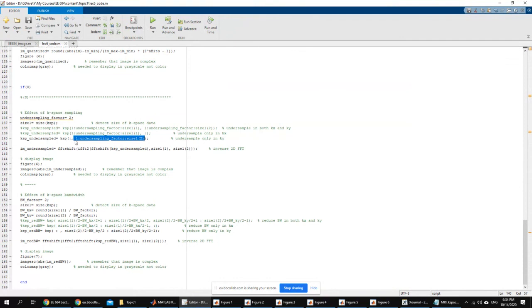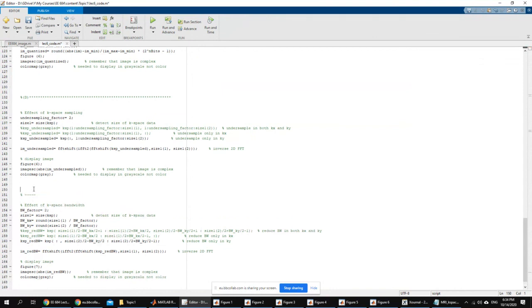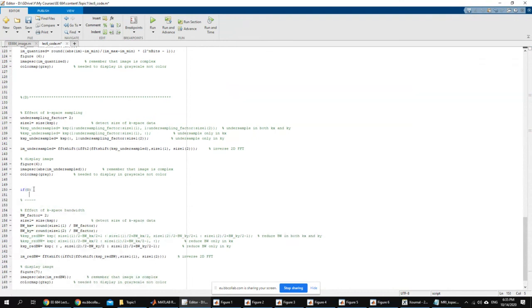Okay, I try 2 experiments. Let me just remove that. I try undersampling in the second dimension, and I can try sampling in the first dimension also. So maybe I can do undersampled 1, undersampled 2 here, and the other one is undersampled 1.